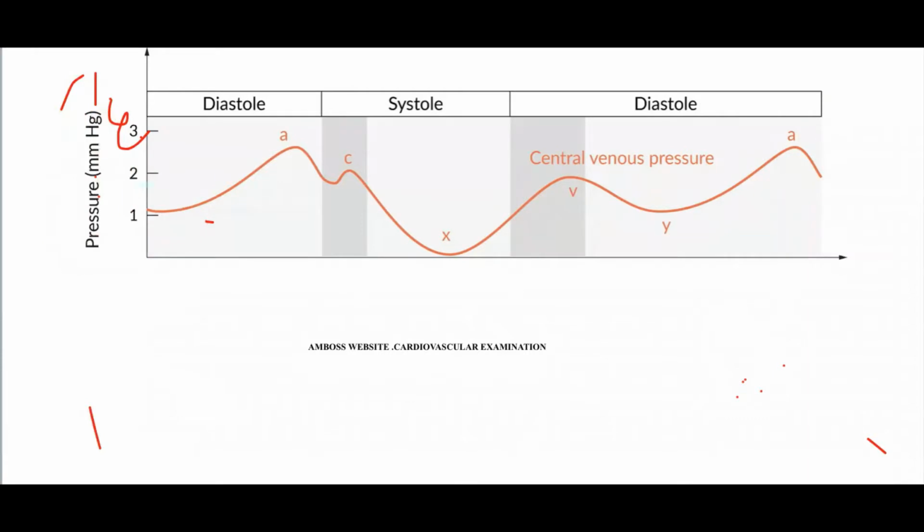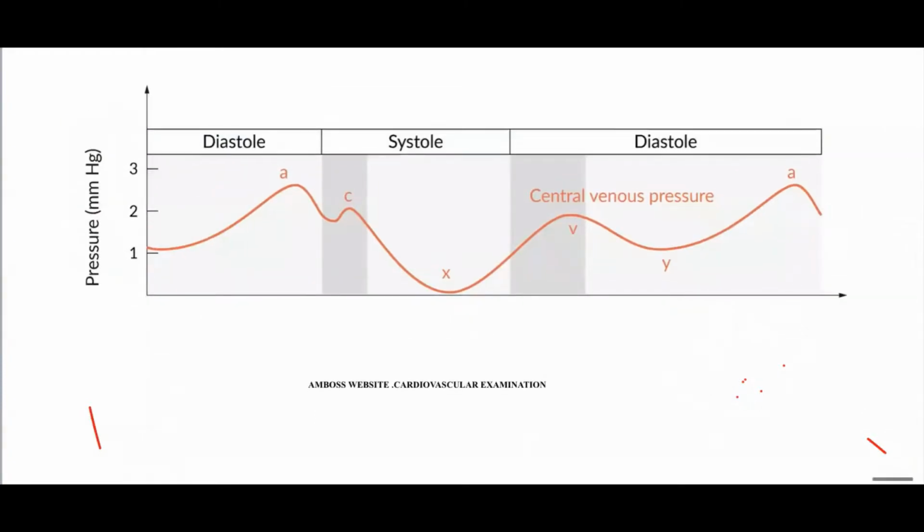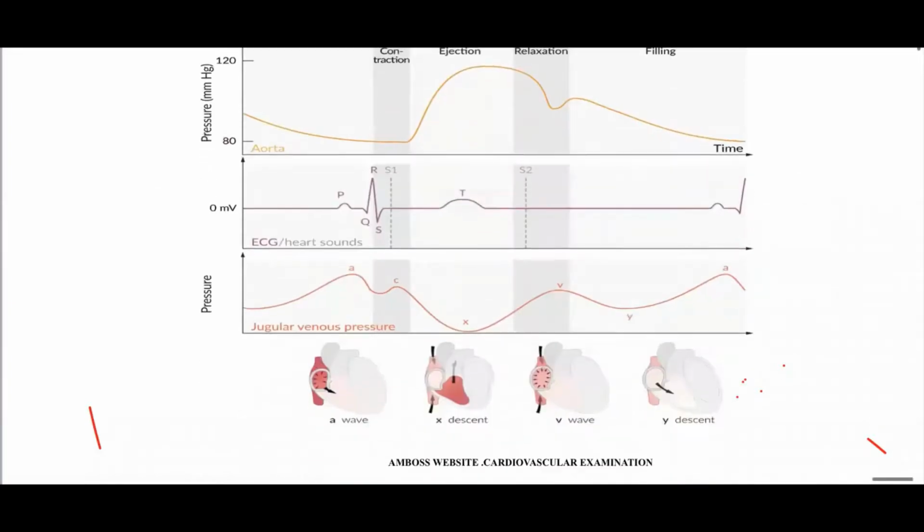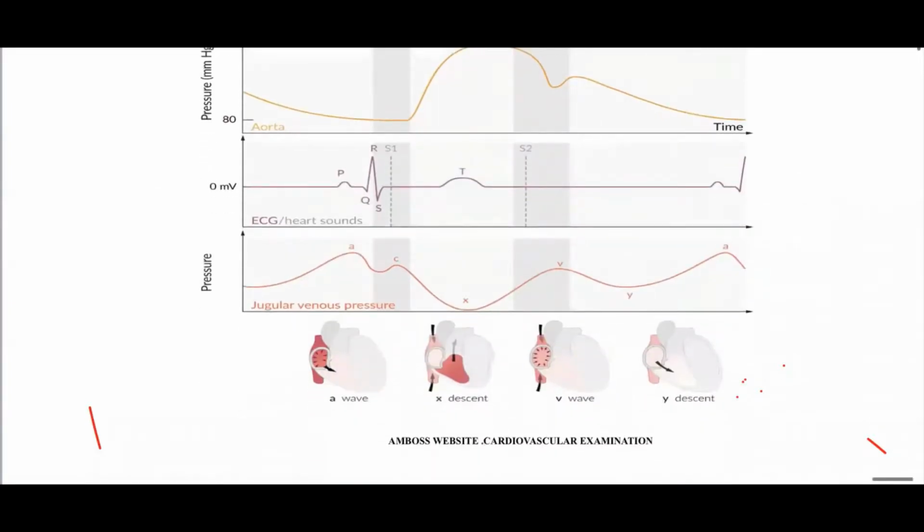I think this is the depiction of the normal JVP: A, C, X, V, and Y. We all know A is for atrial contraction, and V for systole, and X for what, and Y for what? Let's find out. So this is the A wave, the X descent, the V and the Y descent.